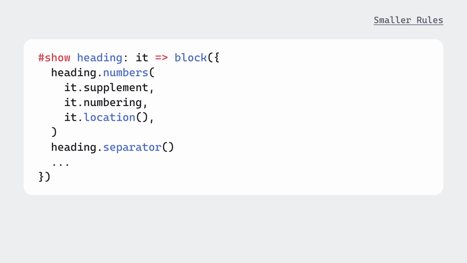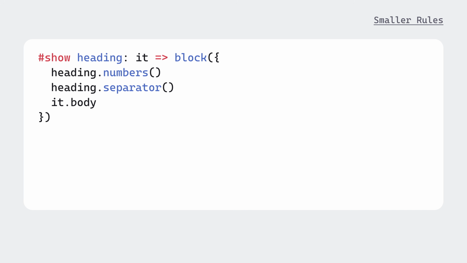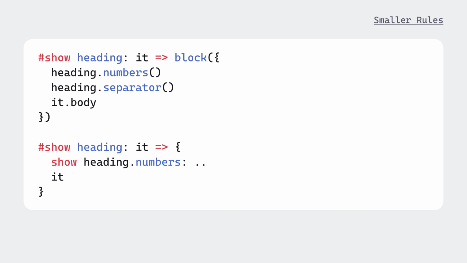First of all, we can take some inspiration from the separator element. Let's just get rid of these fields and try to think of a different way, because the numbers element exists in the context of some heading. So why don't we write something like this? Okay, we have a heading, and now we're showing the numbers, and because we have this it element, the heading itself, in scope here, we can already define how the numbers look from the context without them having these ugly fields on them.